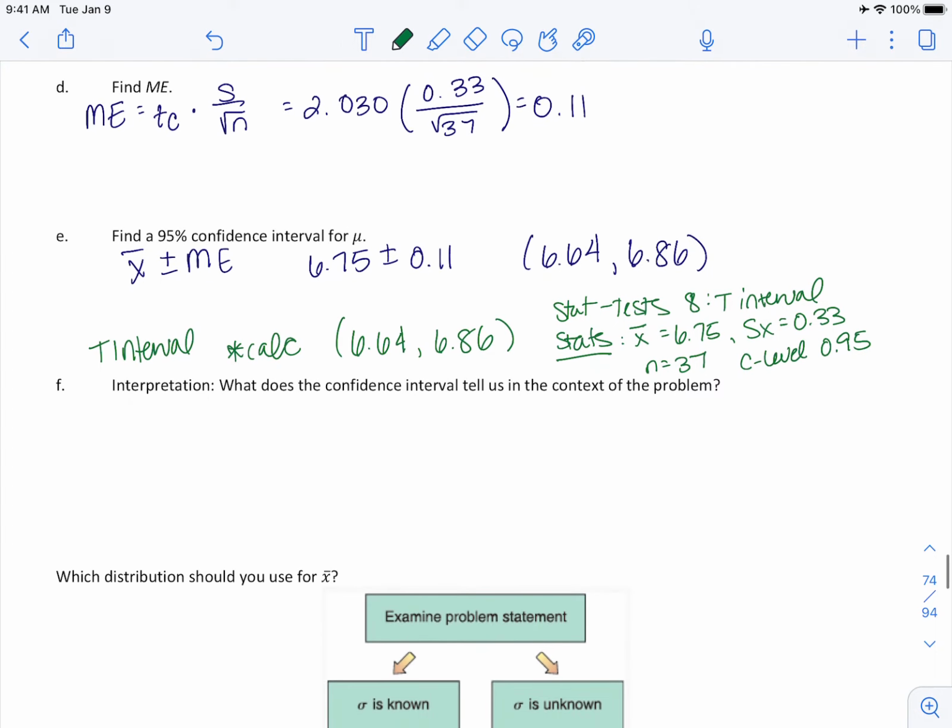All right, so to interpret this, what does the confidence interval tell us in the context of the problem?